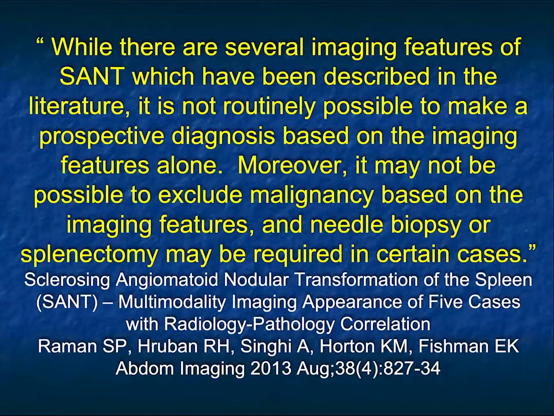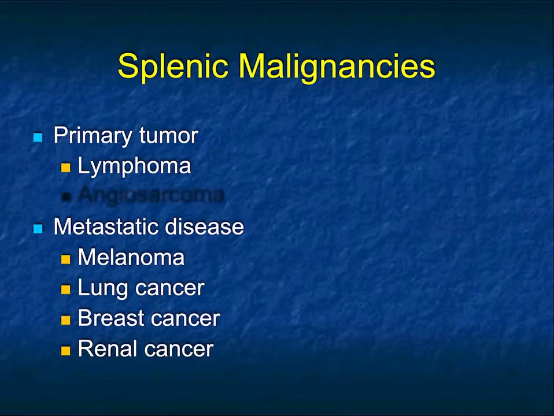It is not routinely possible to make a prospective diagnosis based on the imaging features alone. Moreover, it may not be possible to exclude malignancy based on the imaging features, and needle biopsy or splenectomy may be required in certain cases. And that's an article we wrote, and at the end of the day, those lesions will be getting splenectomies.